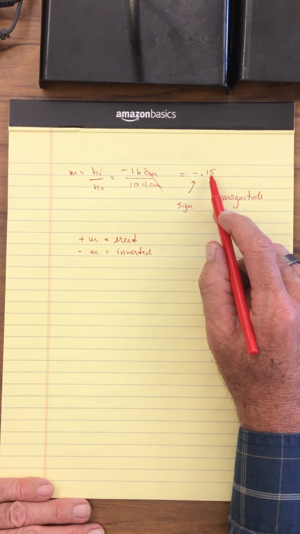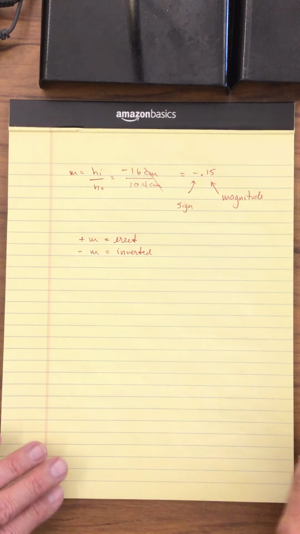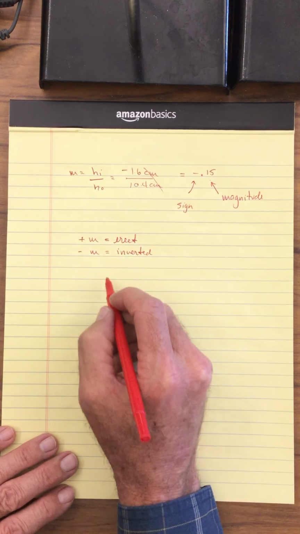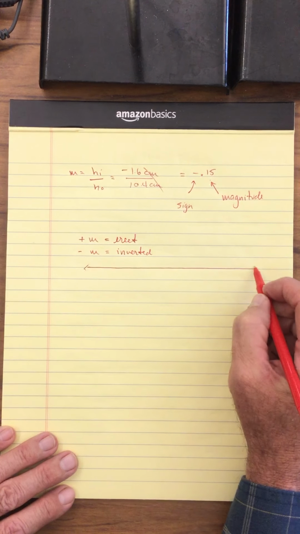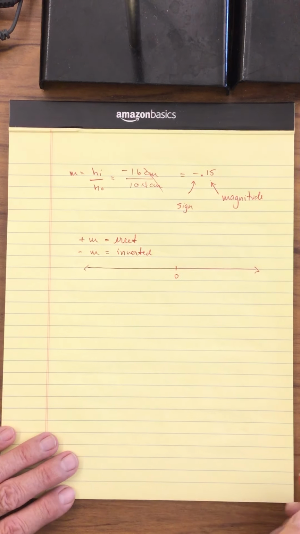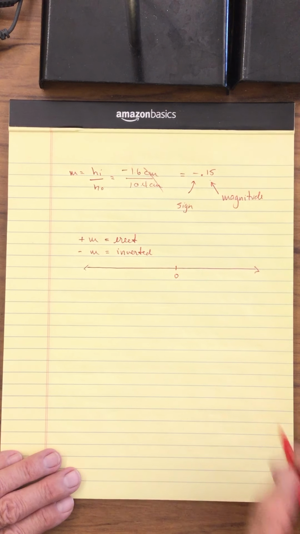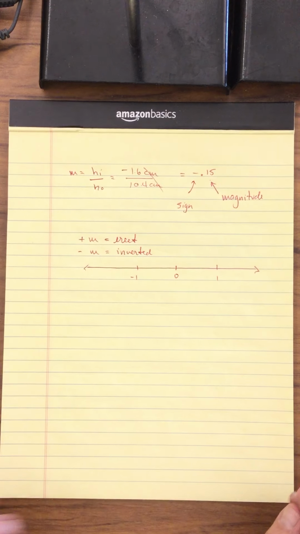How about the magnitude? Well, notice how this is actually less than 1. We can create a little scale here for magnification. We're going to start off at 0, and we're going to be going to +1 and to -1.